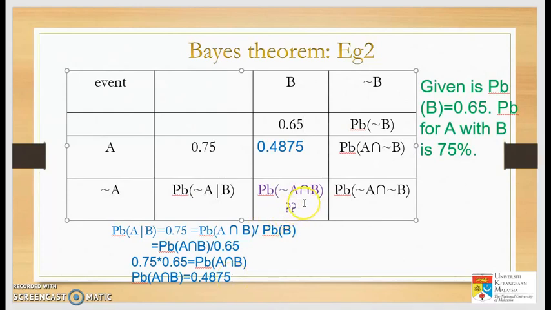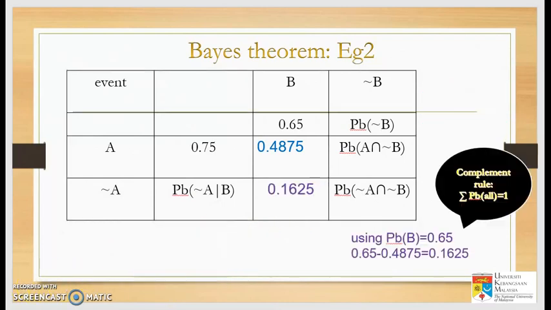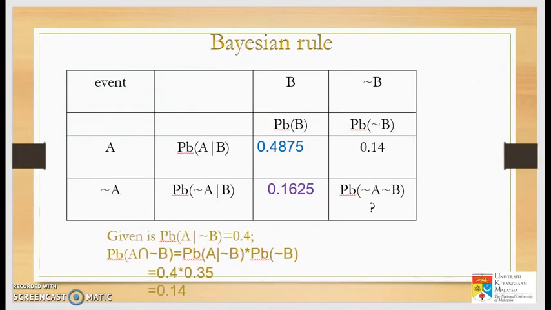Now, can you find the probability of not A and B? This is also multiplication rule number 2.